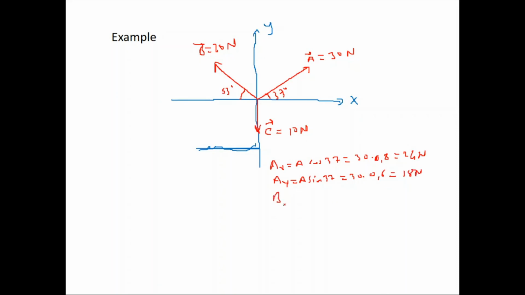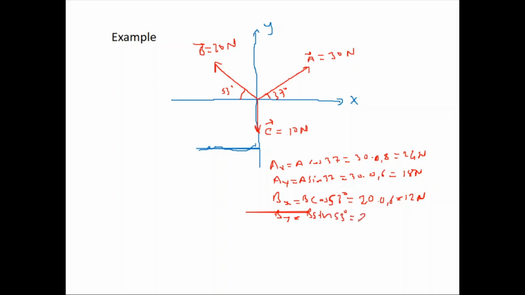And let's look at bx. Bx is equal to b times cosine. Here the angle is 53 degrees, cosine 53 degrees. It will be 20 times cosine 53, approximately 0.6, 12 newtons. And by, sorry, it is b times sine 53.